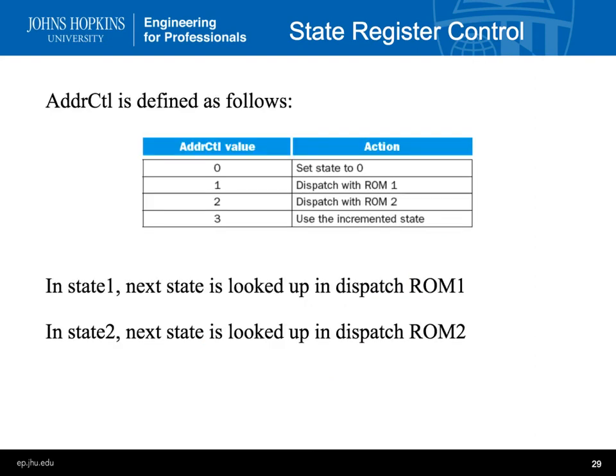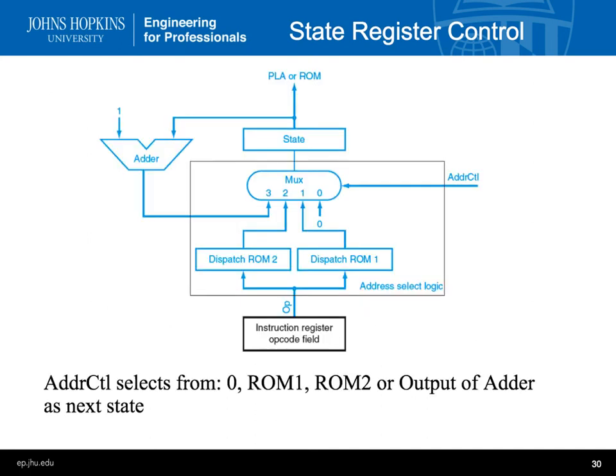And again, here's our 4 choices. Go to 0, make a choice using ROM1, make a choice using ROM2, or go to the incremented state. As we saw, ROM1 could be the one where we choose whether it's a load or store, an R type, a jump or branch, and ROM2 could be, is it a load or a store?